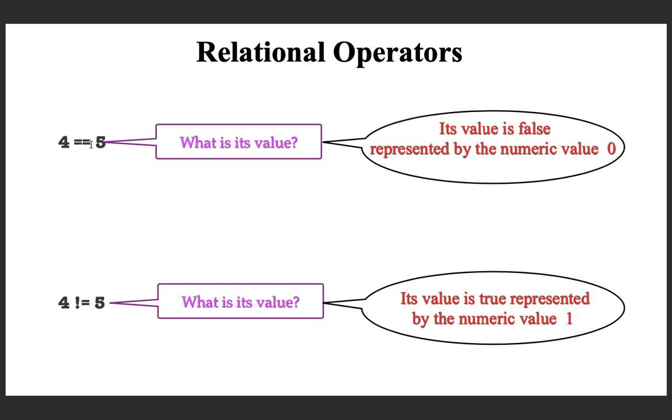So if you are not getting the expected output from your program, and if you have a condition checking, go and check whether you are using the single sign or this operator for equality checking.